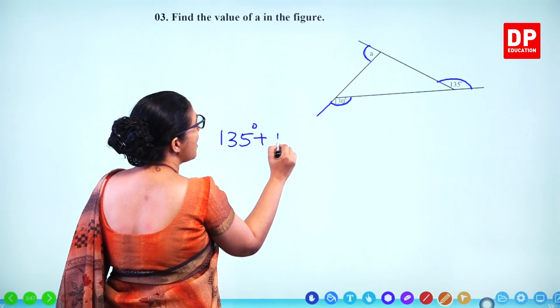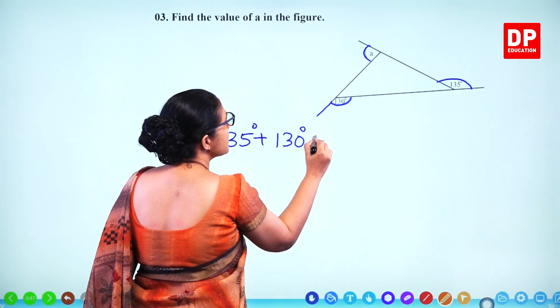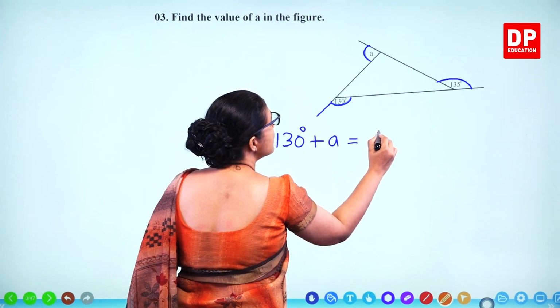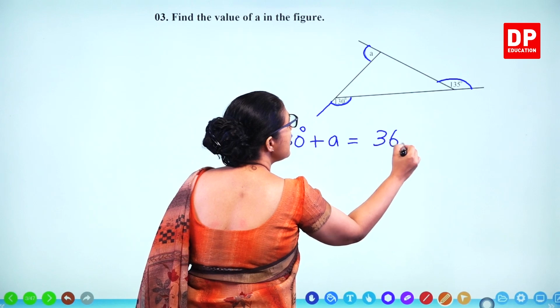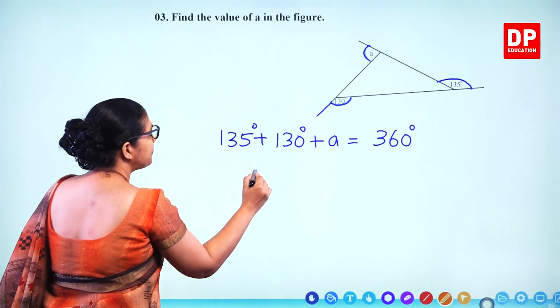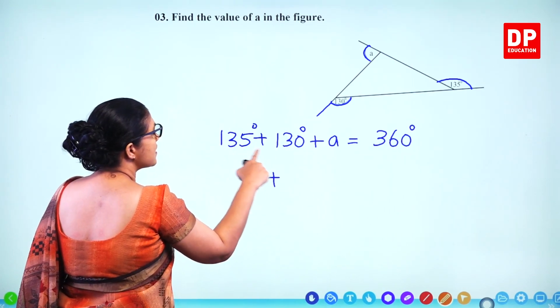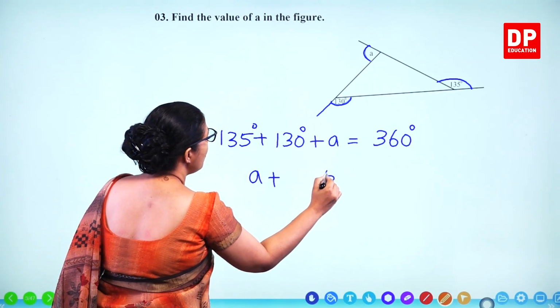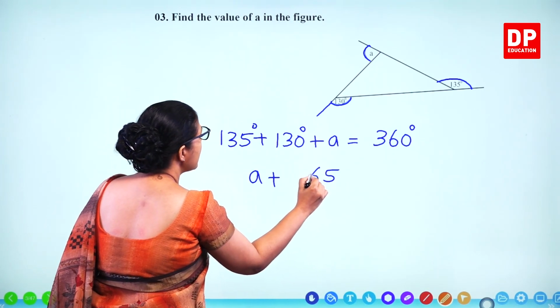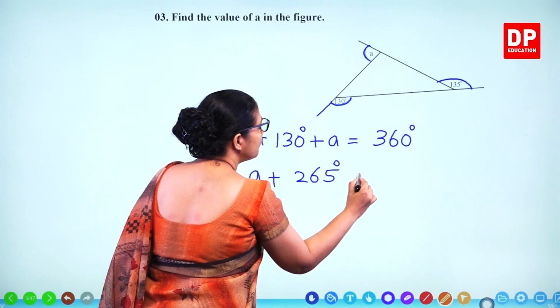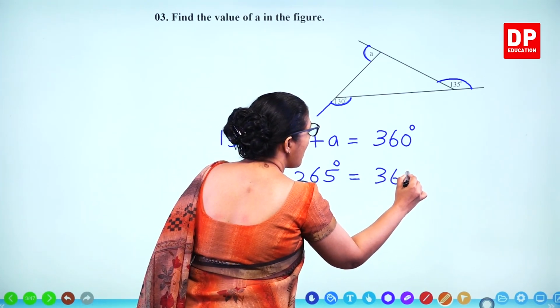135 plus 130 plus A is 360. So what is A? Add these two, you get 265 here.